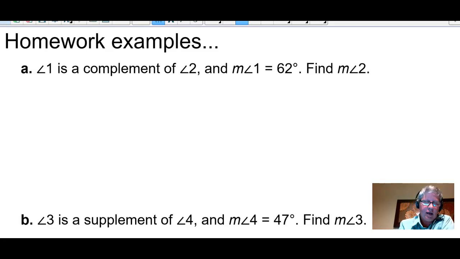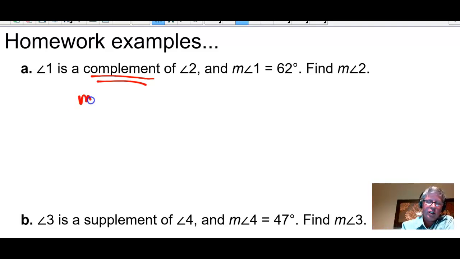It's really pushing your idea. Do you understand if two angles are complements of each other? What does that mean? Well, that means they add up to 90 degrees. We have 1 and 2 add up to 90. They tell you what 1 is. Can you figure out what 2 is? I think a lot of you can kind of think it through and get it.